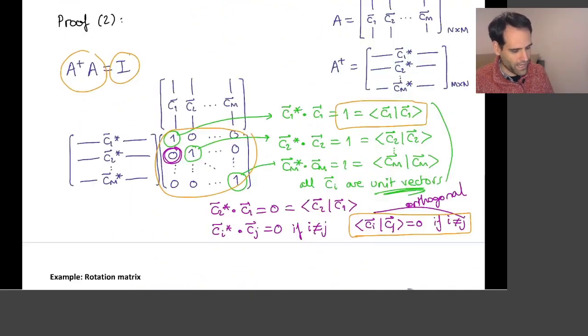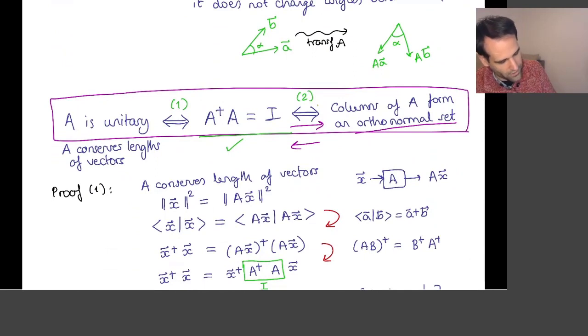And remember, this is an if and only if relationship, so it goes both ways, which means that if you ever find a matrix whose columns are orthonormal, then you know that this matrix is unitary, and therefore you know that A dagger dot A is the identity matrix. So these three things are completely equivalent.